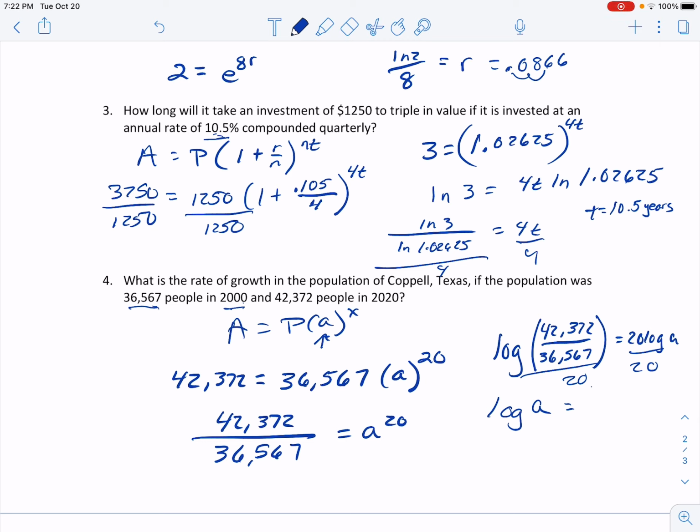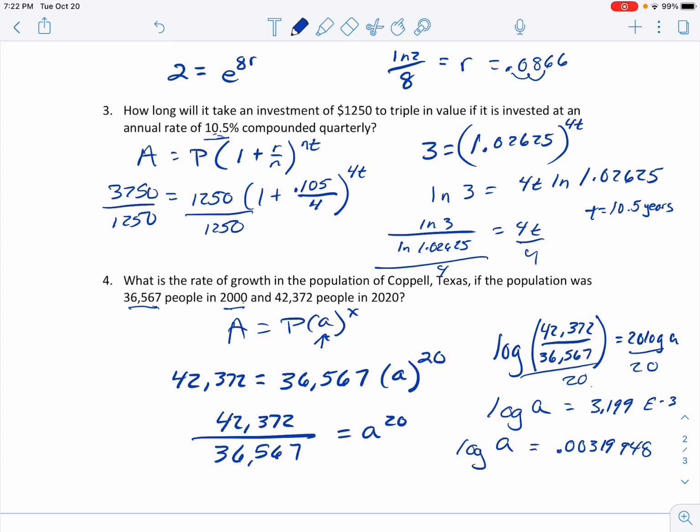Log 42,372 divided by 36,567 divided by 20. Oh, I got 3.199 E negative 3. What's that mean? It's 0.0031998 equals the log of a.